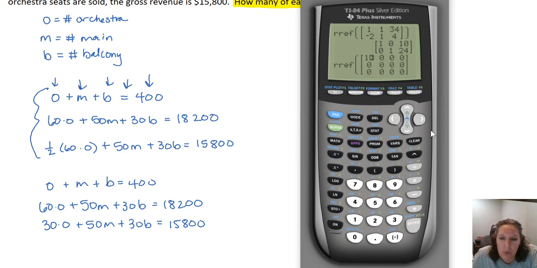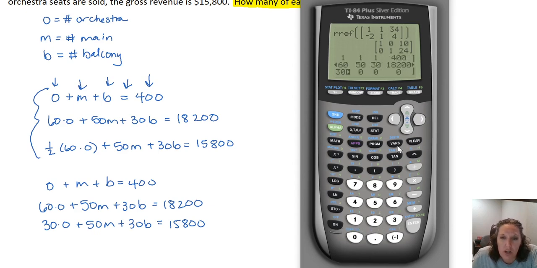So we're going to get 1 orchestra, 1 main, 1 balcony is going to equal a total of 400 seats. And then if we get $60 times our orchestra, $50 times our main, $30 times our balcony, we get 18,200.